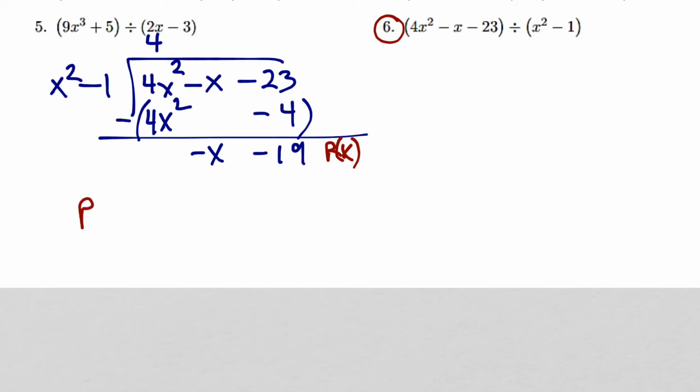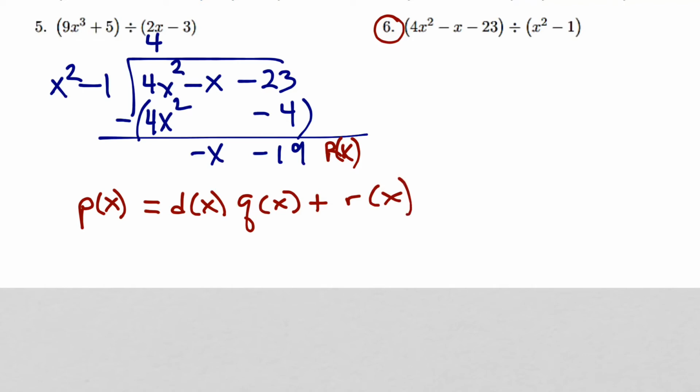Okay, so I'm going to write it out in terms of p of x is equal to d of x, q of x, plus r of x. Okay, so p of x is my original polynomial, my dividend polynomial.